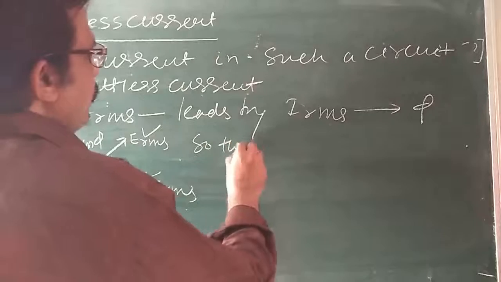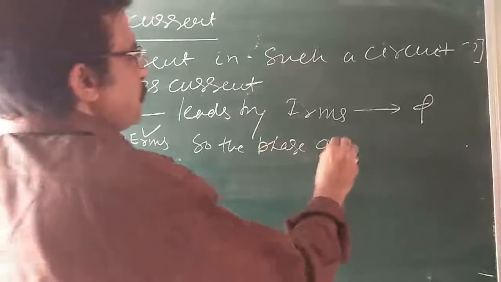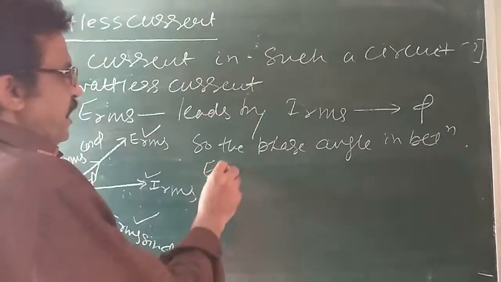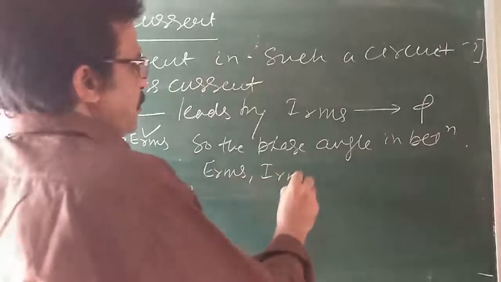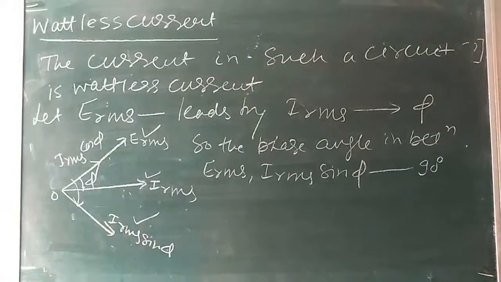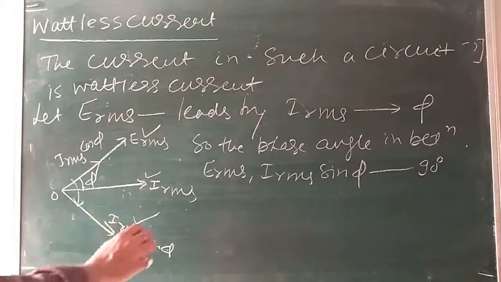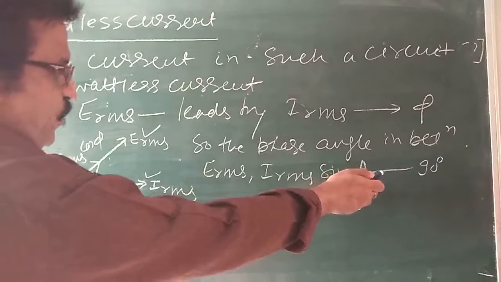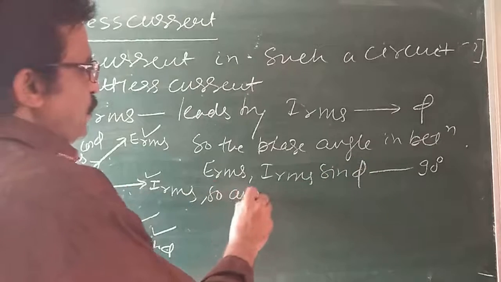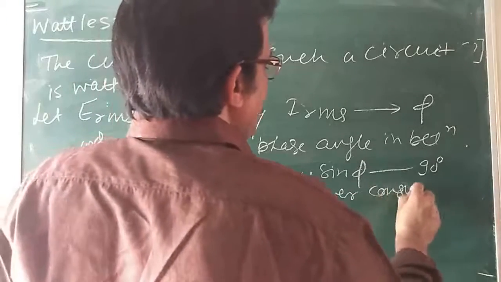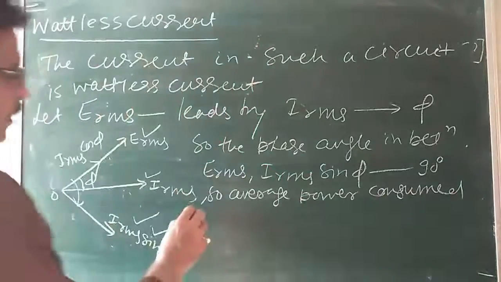So the phase angle between ERMS and IRMS sin phi is 90 degrees. You can see here. So average power consumed in the circuit due to this component is 0 because the phase angle is 90 degrees.